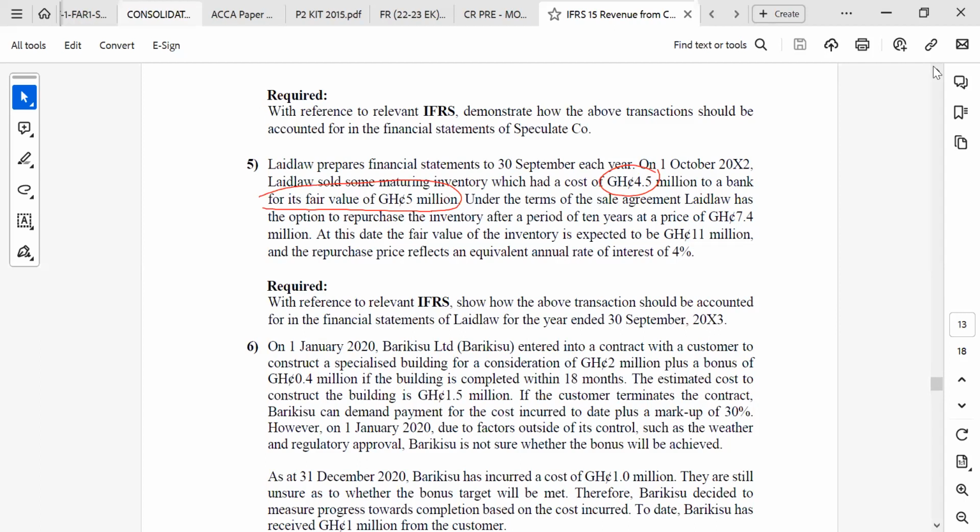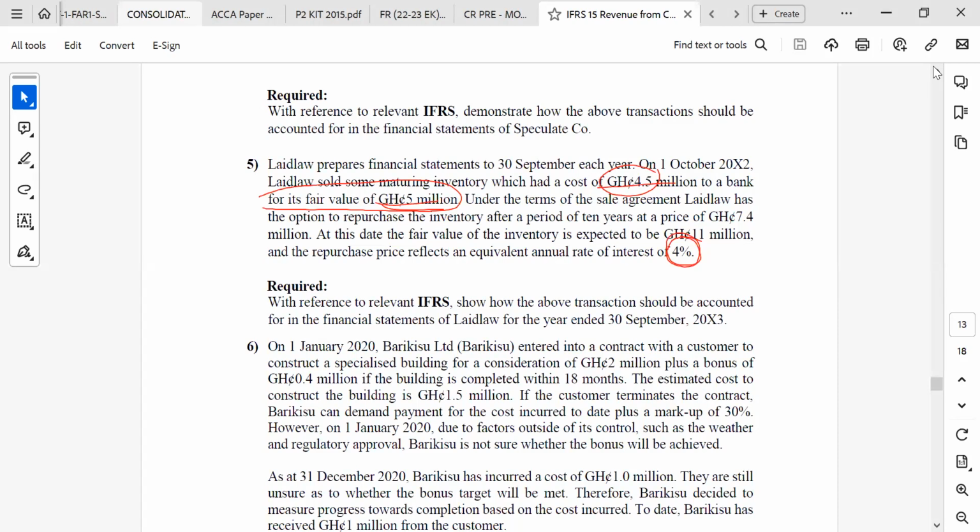Okay. So if the company has already recognized a revenue of 5 million and cost of sales for this one, you are going to be reversing it. So the company will still recognize the inventory in their books at 4.5, and the 5 million will be recognized as a loan. The 5 million will be recognized as a loan, which they will be charging interest of what? 4% on it.